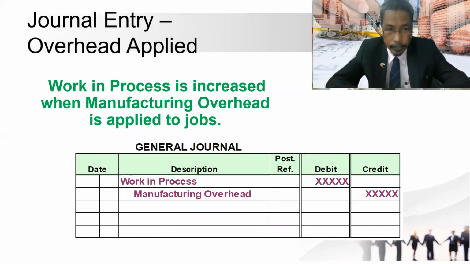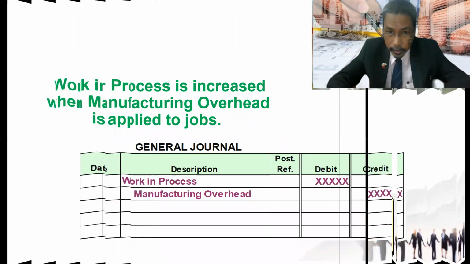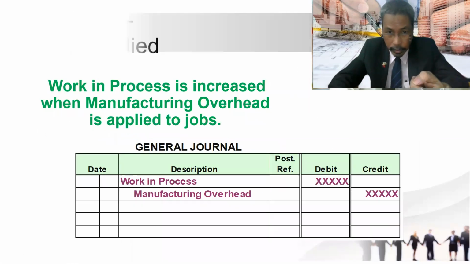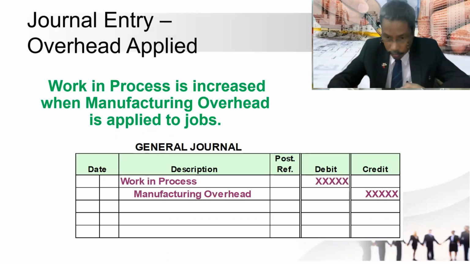Another example. Overhead application. Work in process is increased when manufacturing overhead is applied to jobs. So you already noticed this from the previous. So this is the journal entry of this ledger. So this ledger is equal to this journal entry. Okay. So work in process and manufacturing overhead.